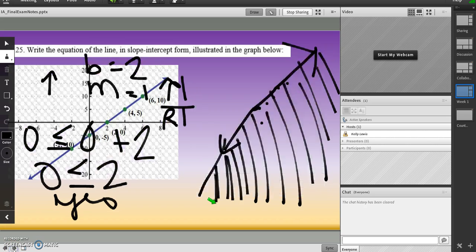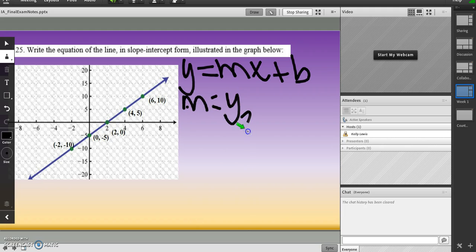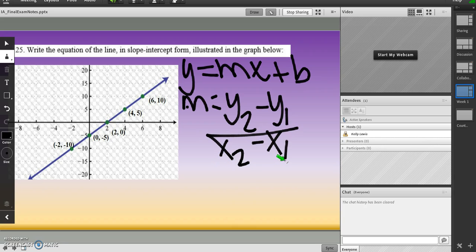All right, let's look at this one. So this, we're going to write the equation in slope-intercept form. So that's y equals mx plus b. And the first thing we need to do is find the slope. And so the slope is y2 minus y1 over x2 minus x1. I'm just going to pick these 2 points, and I'm just going to call them x1, y1, x2, y2.